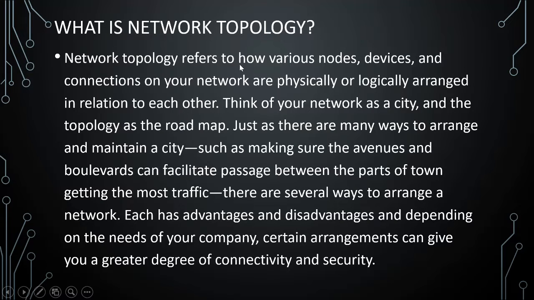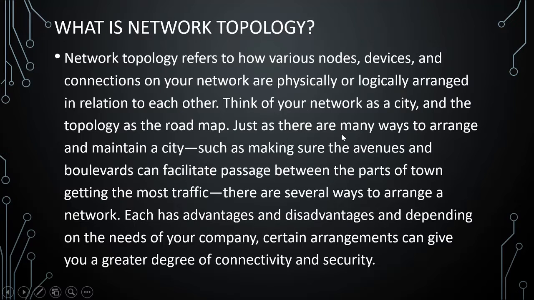Network topology refers to how various nodes, devices, and connections on your network are physically or logically arranged in relation to each other. Think of your network as a city and the topology as the roadmap.